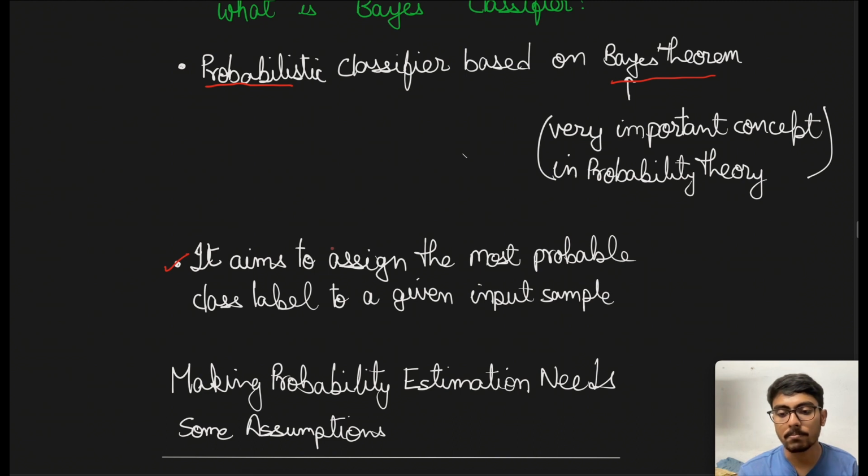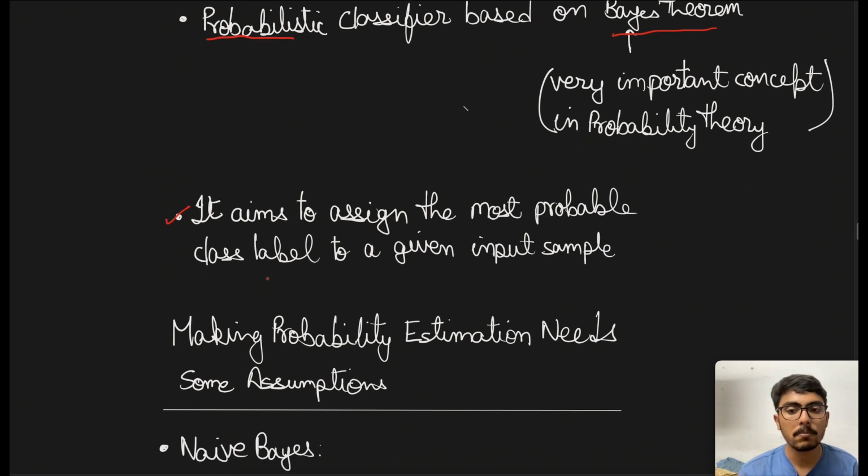In the previous video we used the minimum distance classifier, for which I used distance. If you want to see that video, I'll link it in the I button up there, so you can watch it. In this, we will use the probability to assign a particular class label.